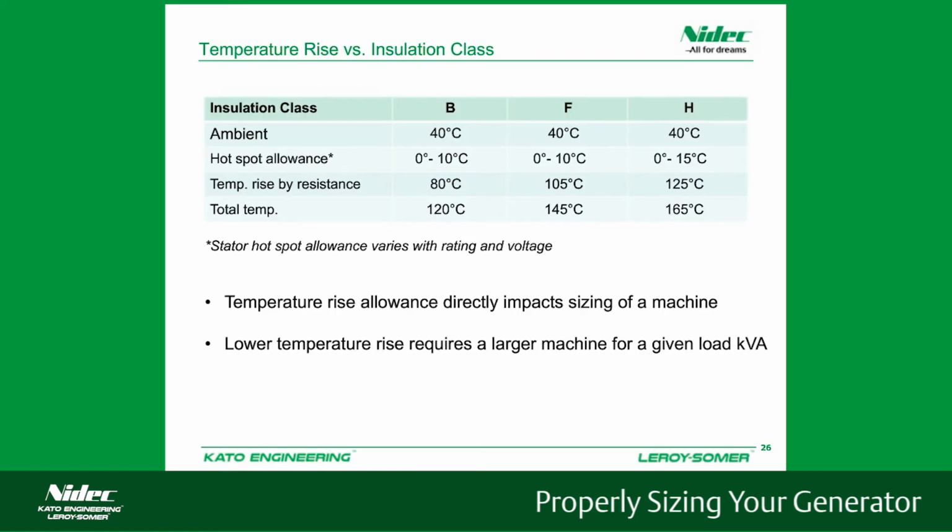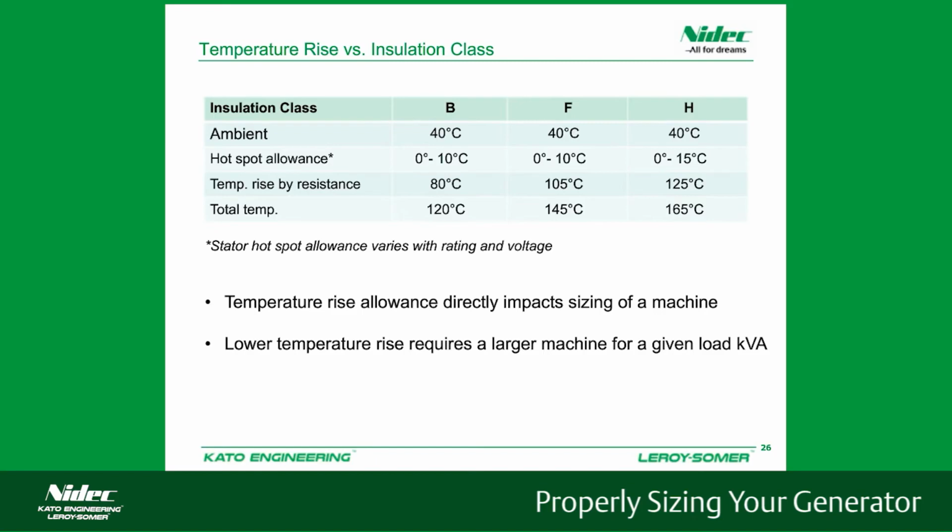So here's another table to show those temperature rise classes. For a 40 degrees C ambient, we can have between 0 to 10 degrees C for B and F, and 0 to 15 degrees C for H, depending on our kVA output and our voltage.